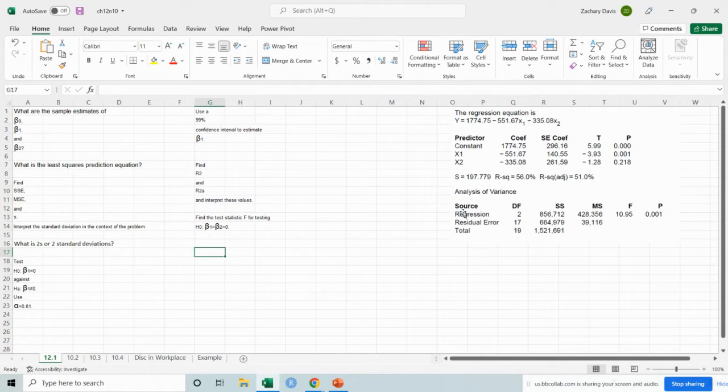You have your regression, your residual error, and your total. This would be your SSR, the sum of squares regression, and here would be your sum of squared error. So the SSE would be 664,979, and our mean squared error would be in this column.